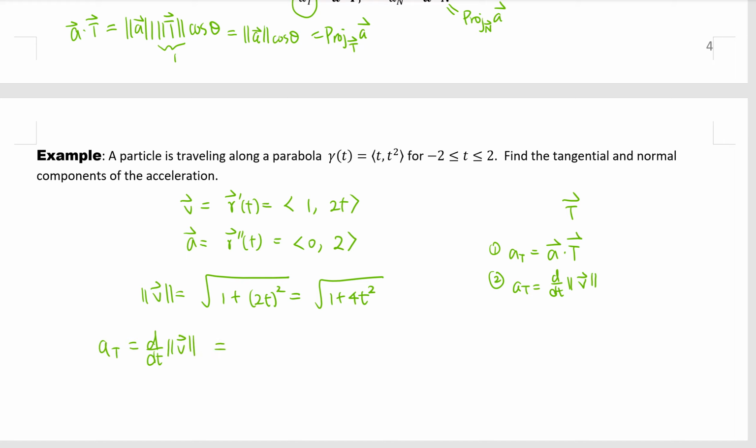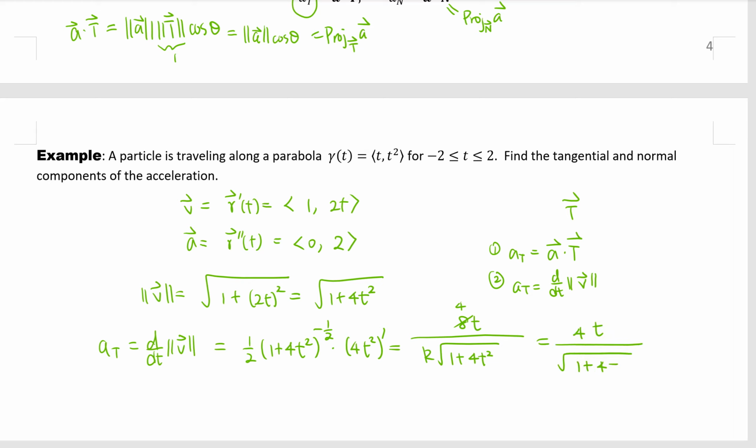By the chain rule, it equals 1/2 times (1 plus 4t squared) to the minus 1/2 times the derivative of 4t squared, which is 8t. The 2 and 8 cancel, so we get 4t over the square root of 1 plus 4t squared.